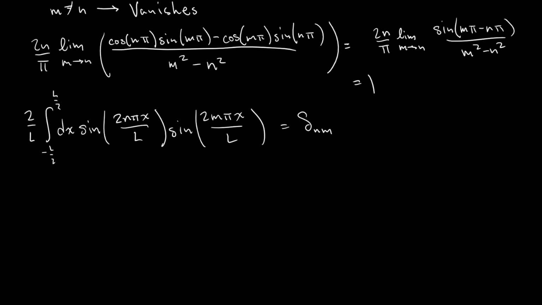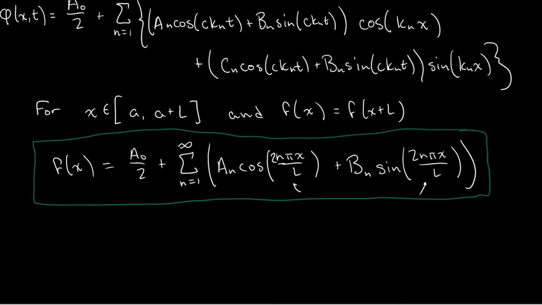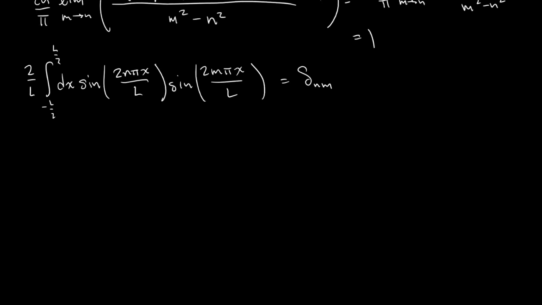Now it's a bit more involved to show it over a more general range, but that's why we choose this symmetric range, just for convenience. But you can show that this is also true for any range, for this general range a to a plus L.